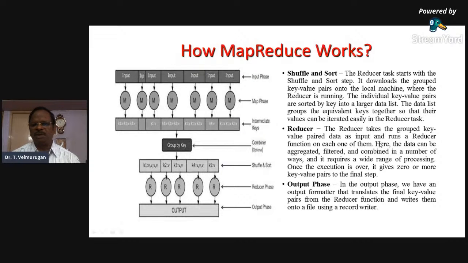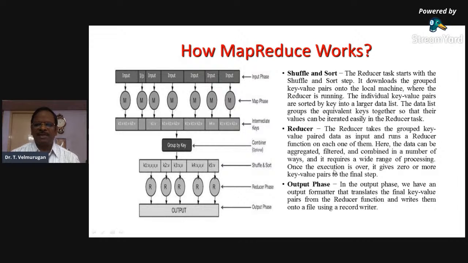Then the reducer task takes the grouped key value paired data as input and runs a reducer function on each one of them. Here the data can be aggregated, filtered, and combined in a number of ways.